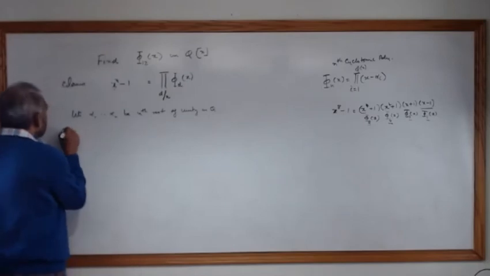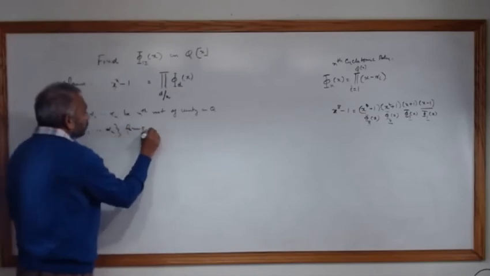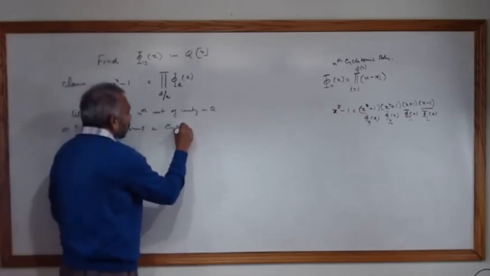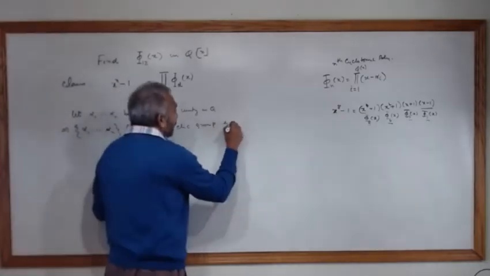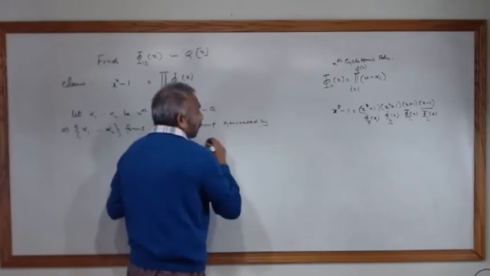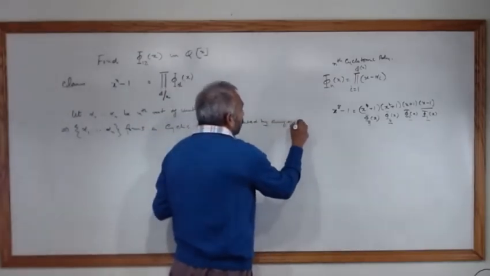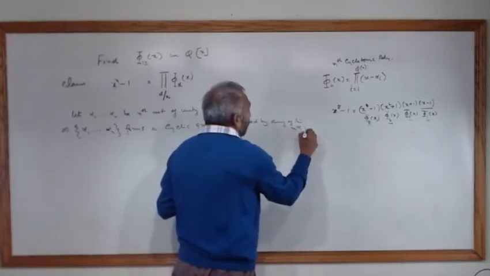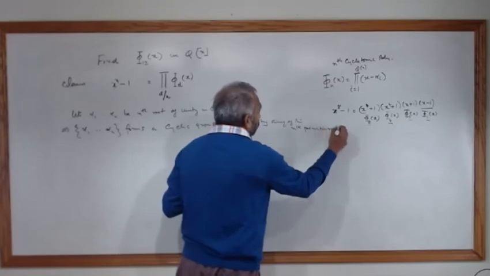This implies that alpha 1 to alpha n form a cyclic group generated by any of the nth primitive roots.